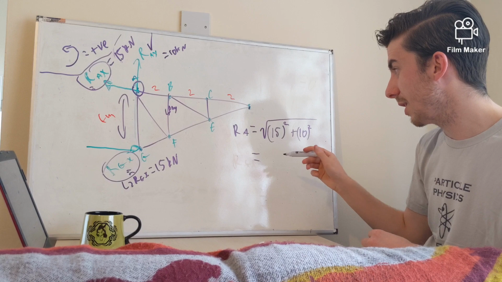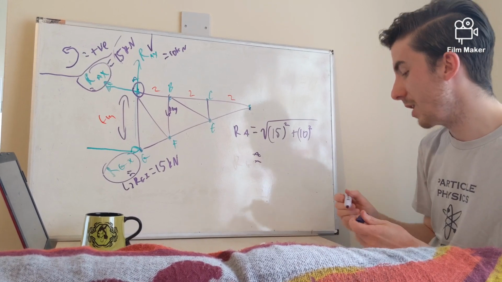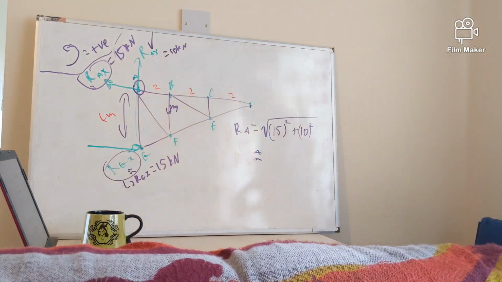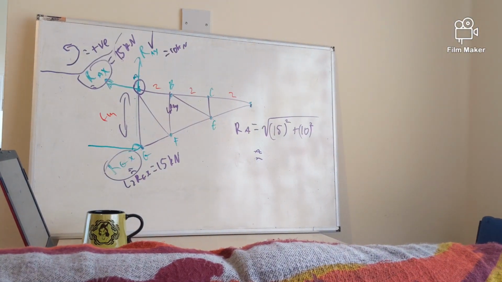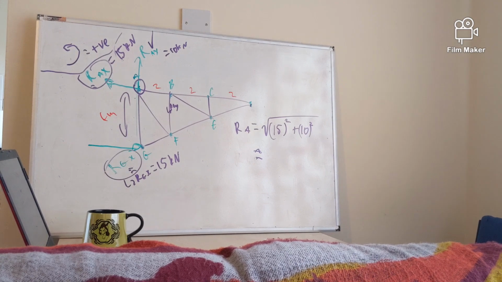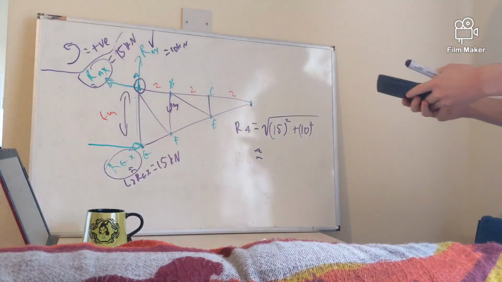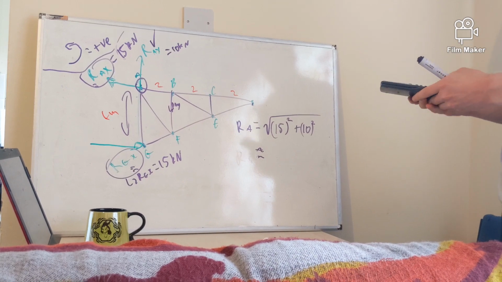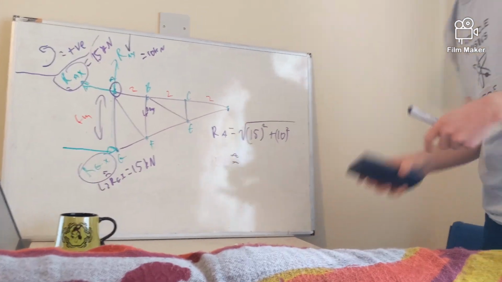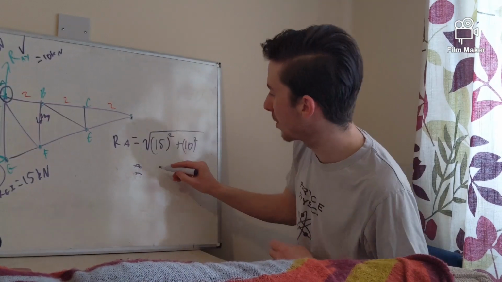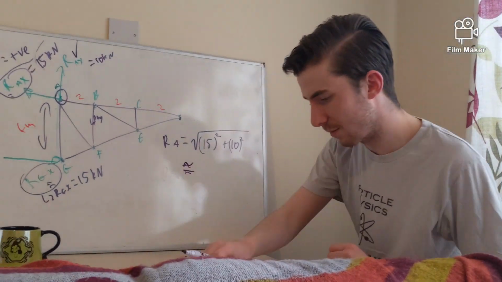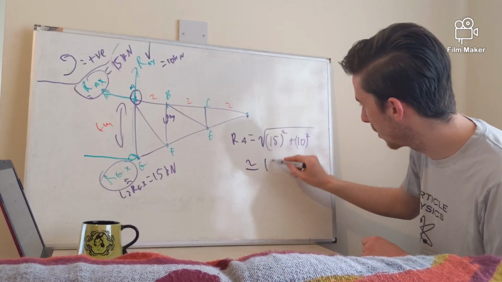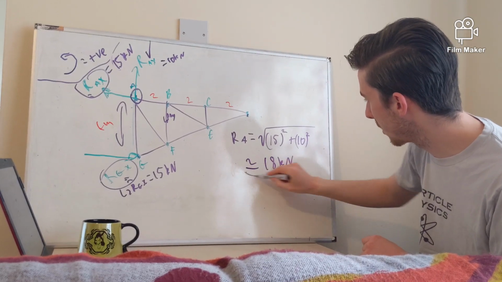nearly less than 20. Should probably use a calculator. Square root 15 squared plus 10 squared, just over 18, so we'll call it, for simple, for cash, call it 18 kilonewtons.